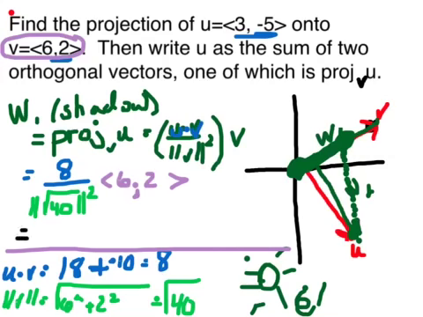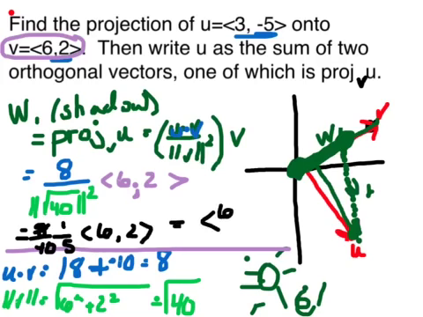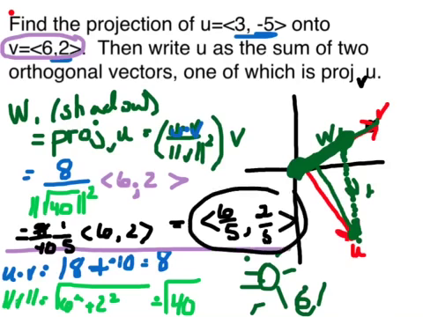And I'll write in black now. 8 on top, square root of 40 squared is just 40. That's going to reduce to 1 over 5, so I'm going to go ahead and reduce it, and I'm going to multiply that by 6, 2. And so my answer is going to be 6 over 5 and 2 over 5. That's the projection of U onto V. There's my answer for that part.